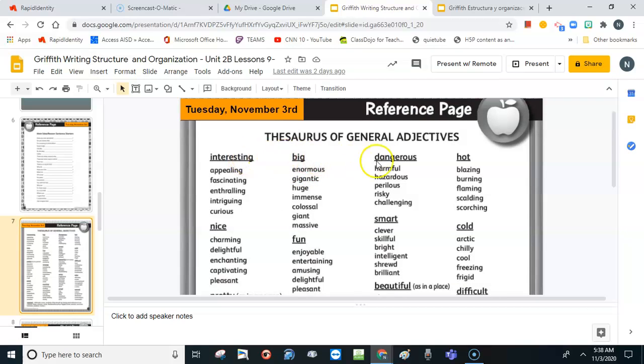So if you see that you have these words in your writing, see if you can choose one of these other words that is listed under it. Hot: blazing, burning, flaming, scalding, scorching.